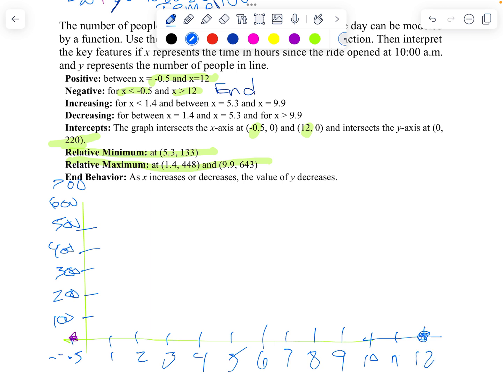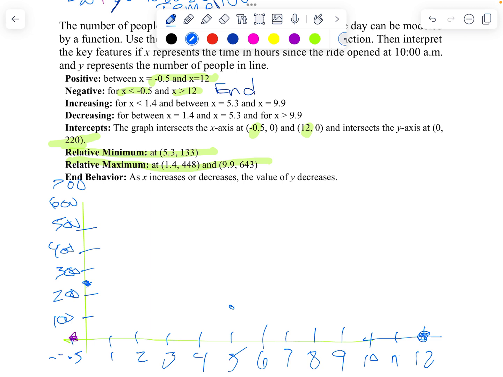And there's my 2 x-intercepts. I have one y-intercept at 0 and 220. So here's my y-intercept. And then let's graph our minimum at 5.3 and 133.